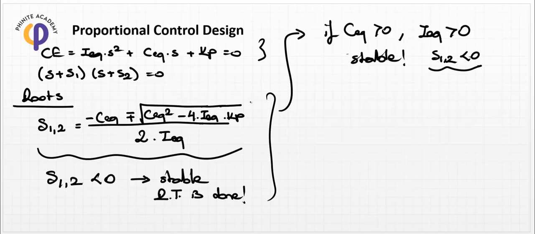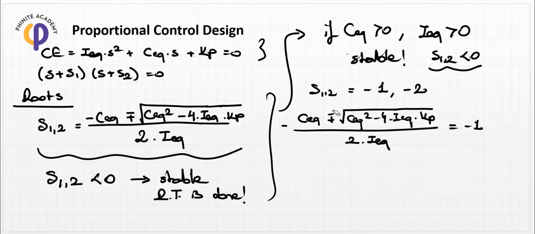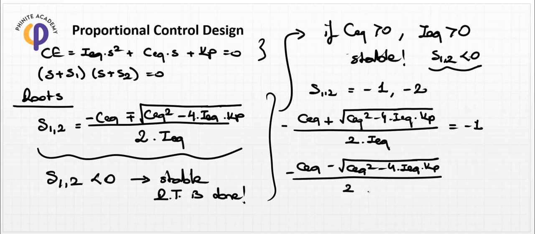But if we have a specific root specification, such as s1,2 equal to -1 or -2, then this term should be solved using this equation: minus Cx plus the square root of Cx squared minus 4 times Ix times Kp, divided by 2Ix, equals -1, and the other root, minus Cx minus the square root of Cx squared minus 4 Ix times Kp, divided by 2Ix, should equal -2.